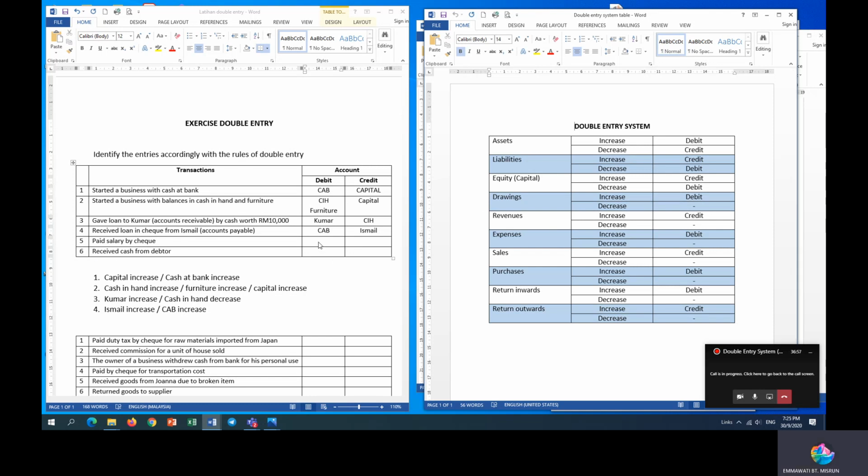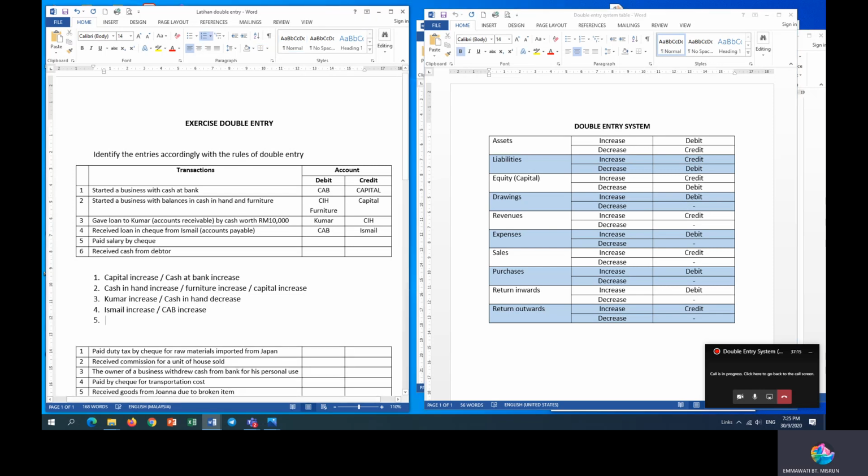Okay, now let's proceed to the fifth transaction, which is paid salary by check. Membayar gaji menggunakan check. Okay. So what happened in number 5 is your salary increase.